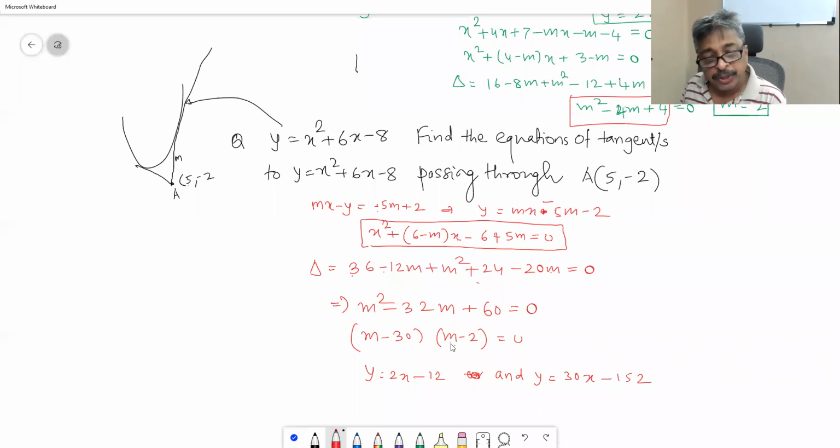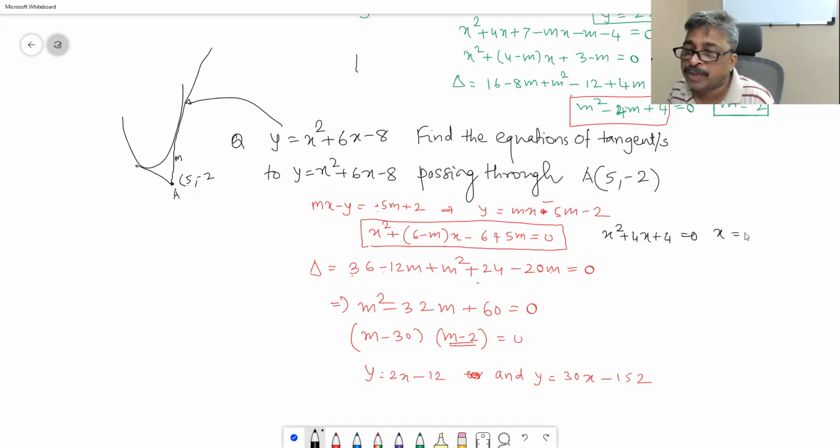Now let us put this value of m back in this quadratic equation. What do I get? If I put m is equal to 2, I get x square plus 4x plus 4 is equal to 0. That means x is equal to minus 2.